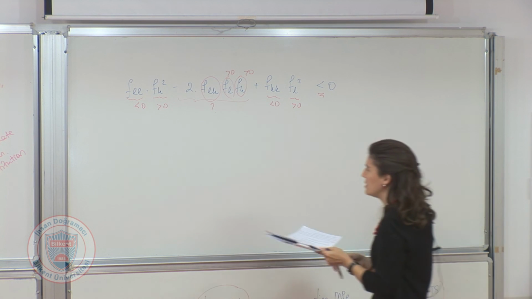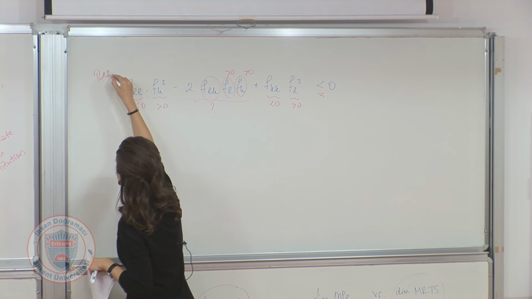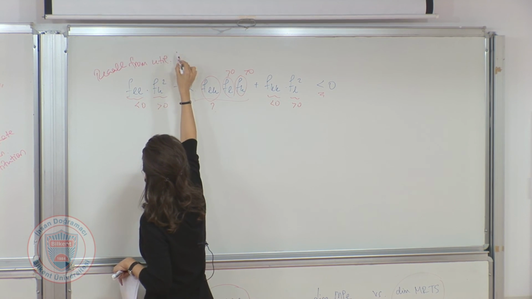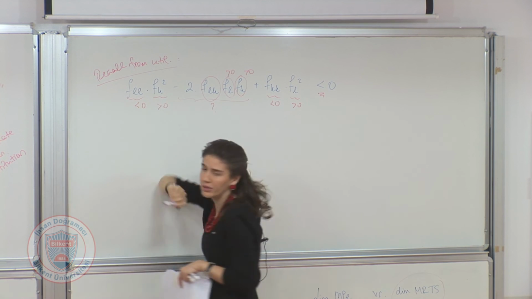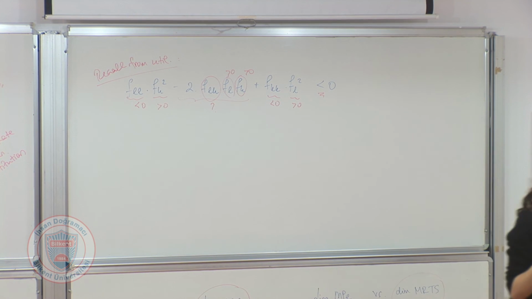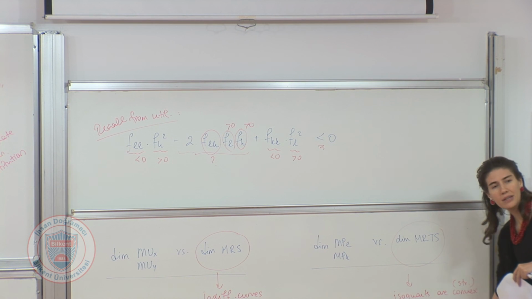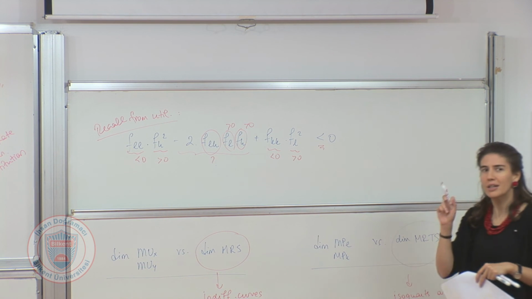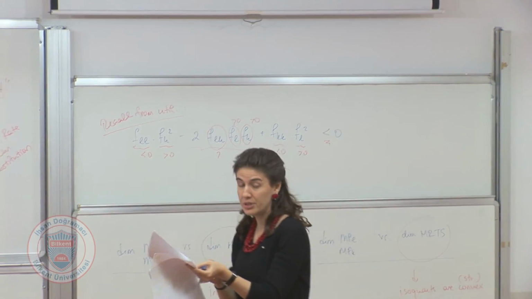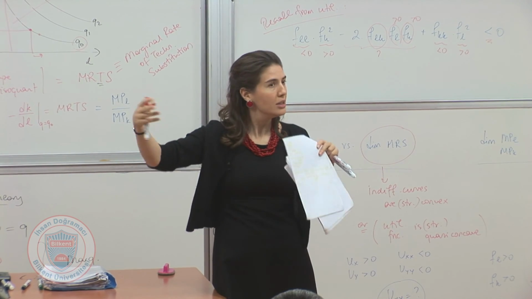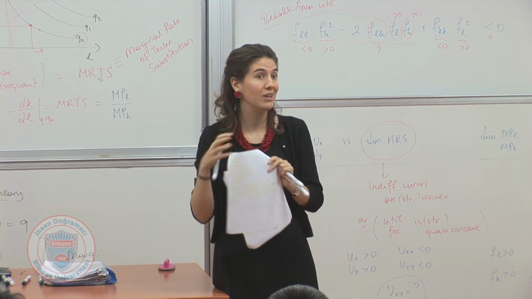So just keep this in your mind. Don't worry, I don't ask this. Recall from utility theory that we have done this. It's actually very similar, and it's important that this was the stuff that Malthus had missed. It's important how the productivity of an input is going to change when you keep changing the amount of, let's say, capital.